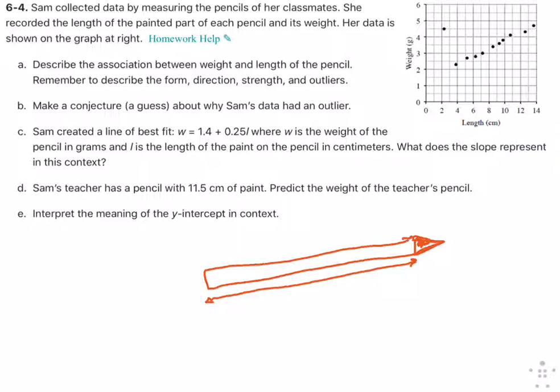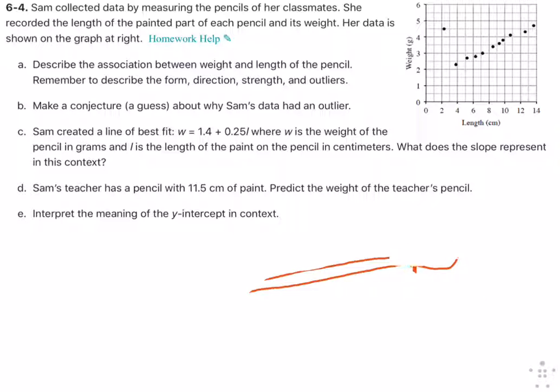So clearly, the longer the painted part, the more the pencil is going to weigh. The shorter the painted part, the less it's going to weigh. However, when the painted part is completely gone, if that were possible, the pencil would still weigh something because it would still have that non-painted part that you grind down at the tip. Okay, so now we understand that.